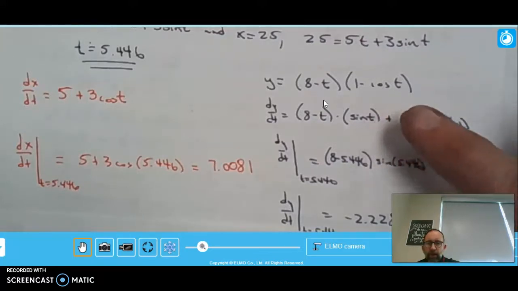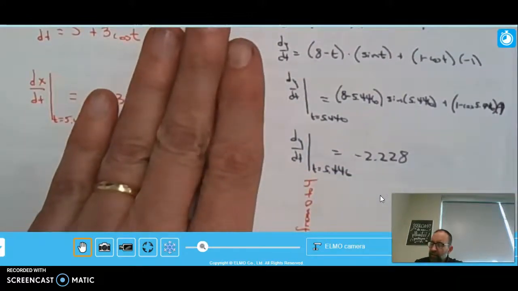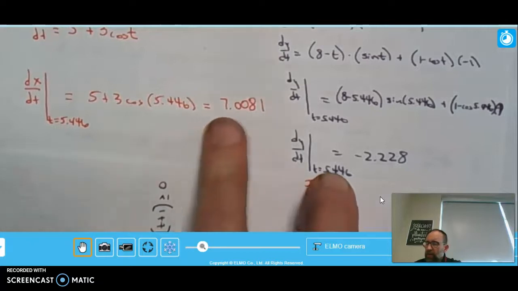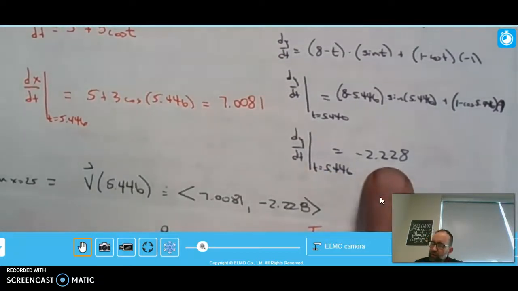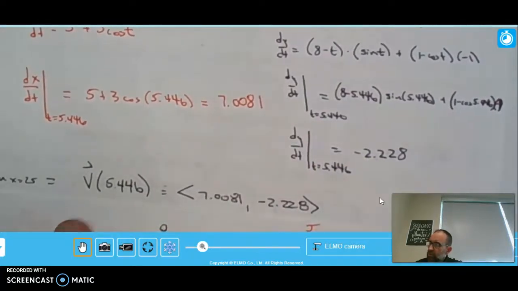Here we've got the product of two things, so we're going to take the first factor times the derivative of the second, plus the second factor times the derivative of the first. We plug in t equals 5.446, and that will produce dy/dt at the moment when x is 25. Now, if we write dx/dt and dy/dt in vector form, this is the horizontal component, this is the vertical component.